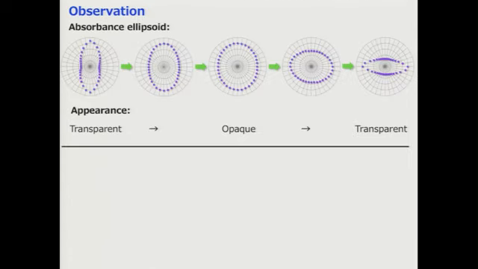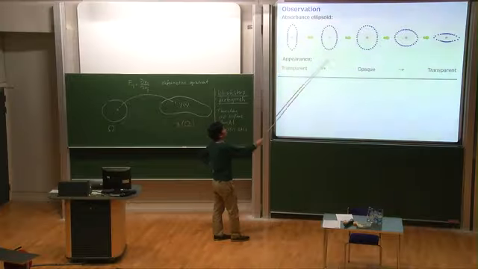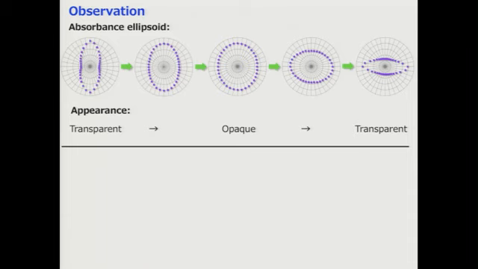In this case, the pattern of the absorbance changes like this. The appearance is initially transparent. On the way of the director rotation, the sample becomes opaque. Then finally, the sample becomes transparent in the monodomain state.